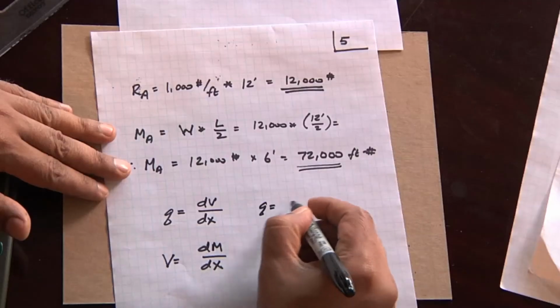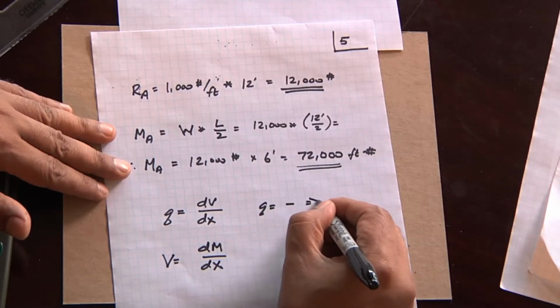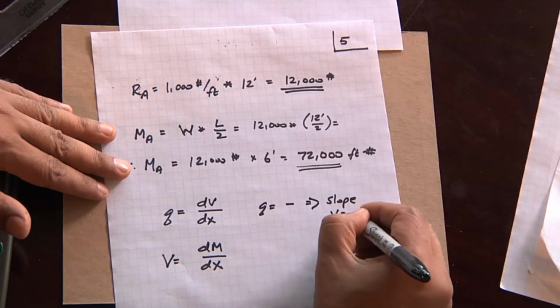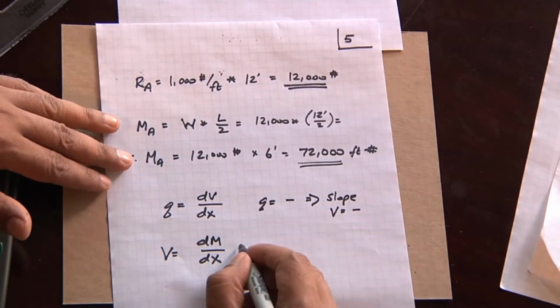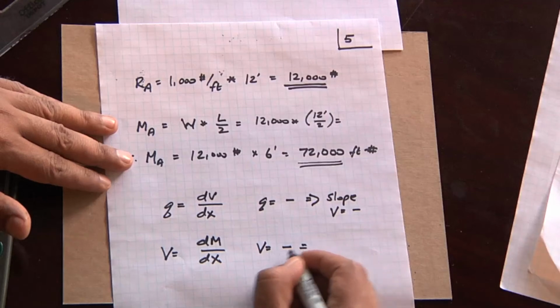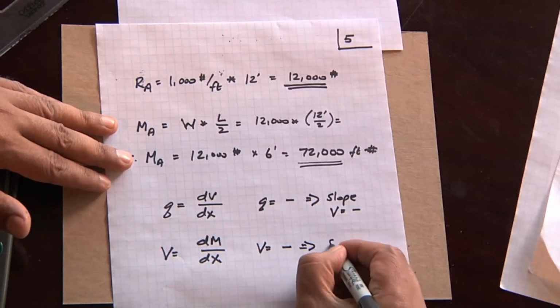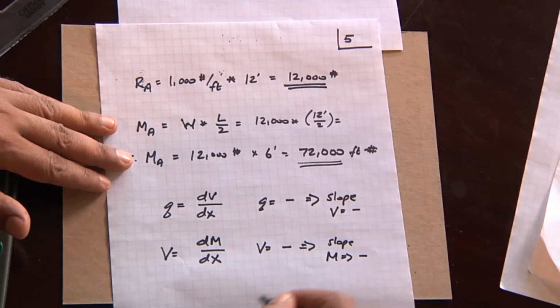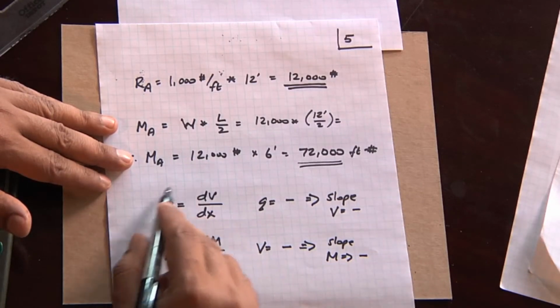Which means that if my loading is negative, then my slope of the shear diagram is negative. And similarly here, if my shear diagram value is negative, then the slope of my moment diagram will be negative. That's what this is telling us.